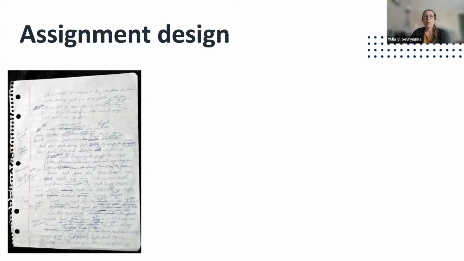So basically, these tools we implement into the writing assignment that students have for this class. It's a biochemistry class for upper level undergraduate and graduate students, and they have to prepare a mini review article on one of the biochemistry topics at the end of the semester.